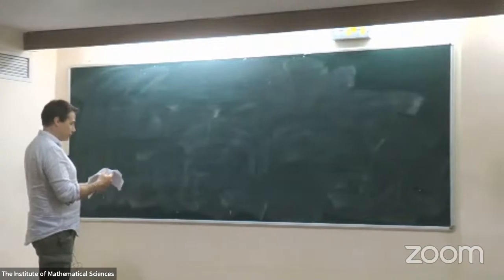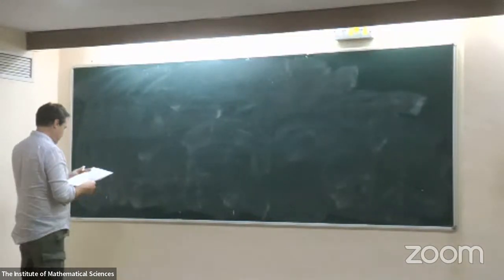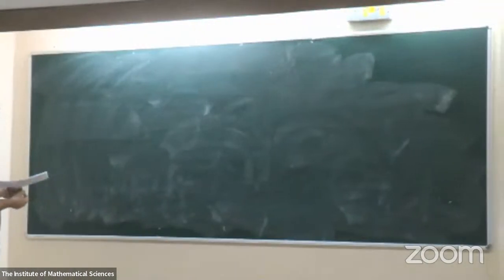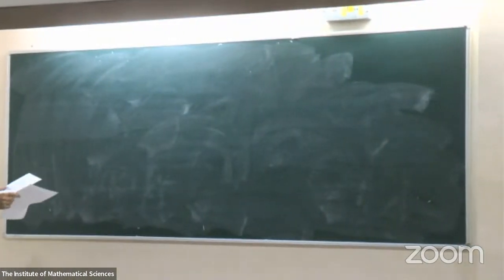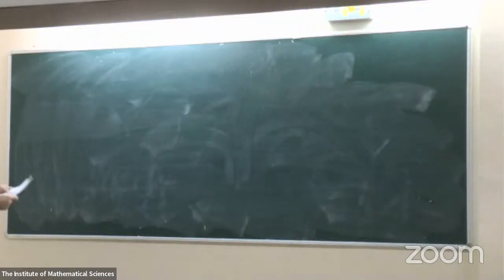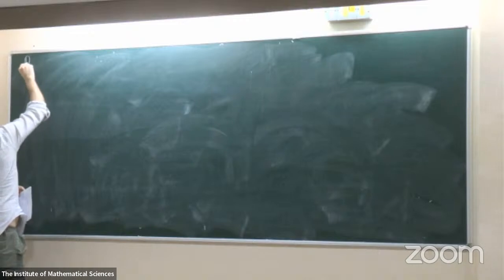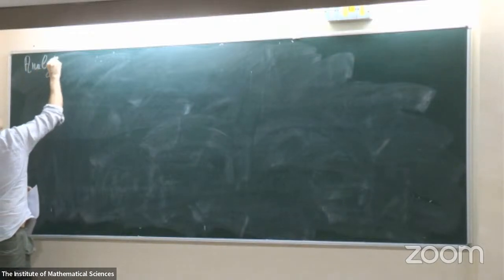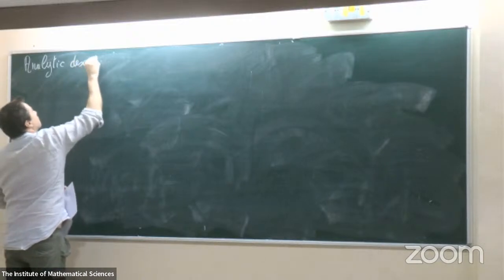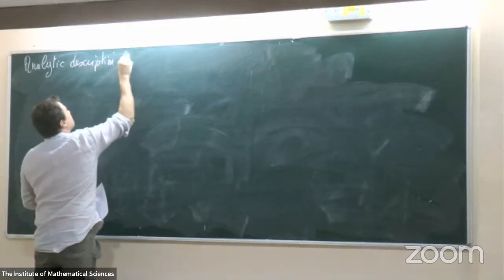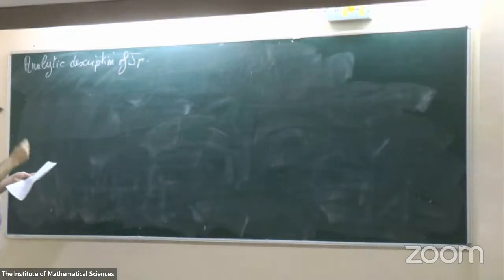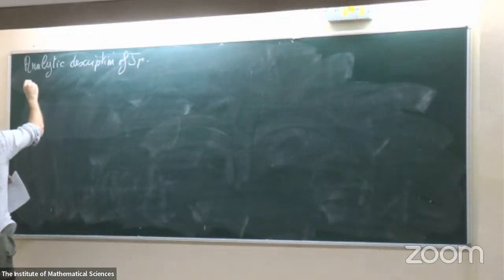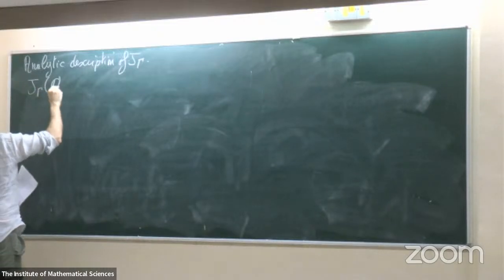So now let's turn to the tools, to understand this question and to give the proof of Manin and Drinfeld. Here is the analytic description of the Jacobian.